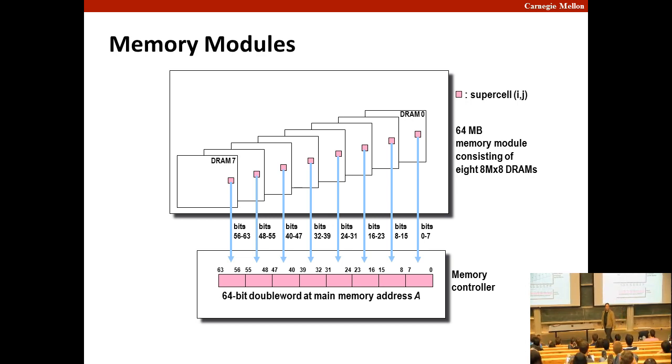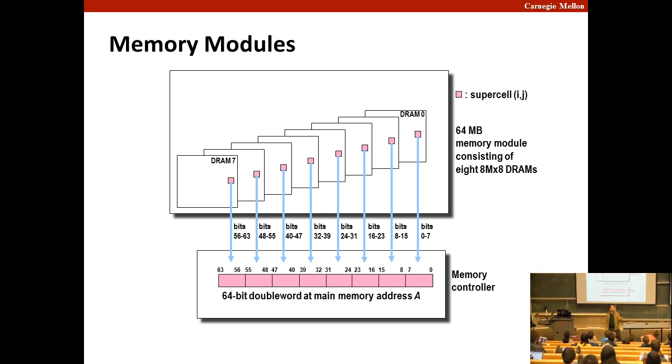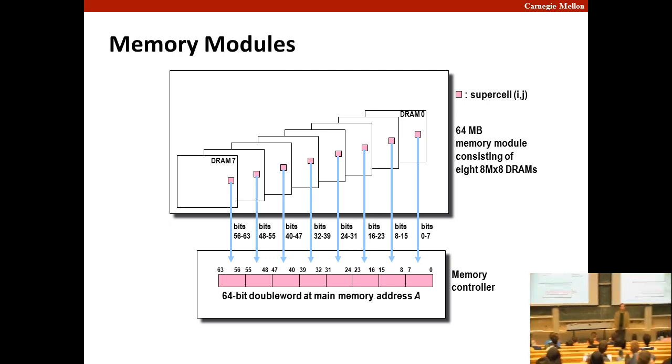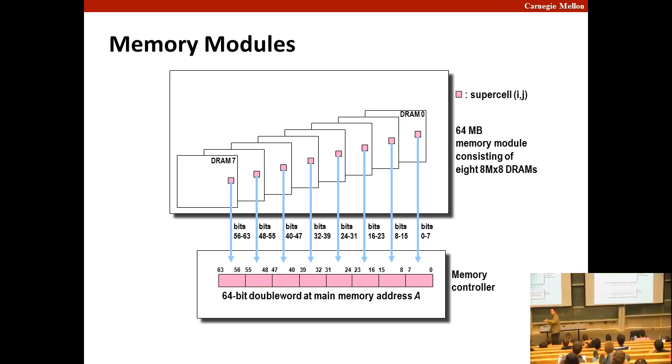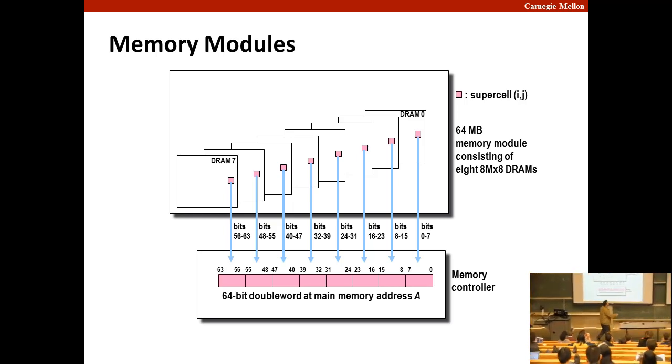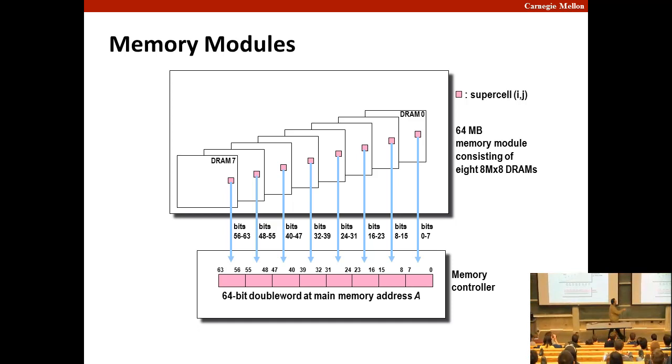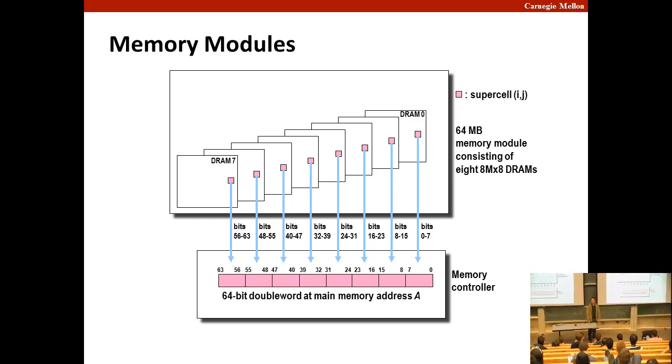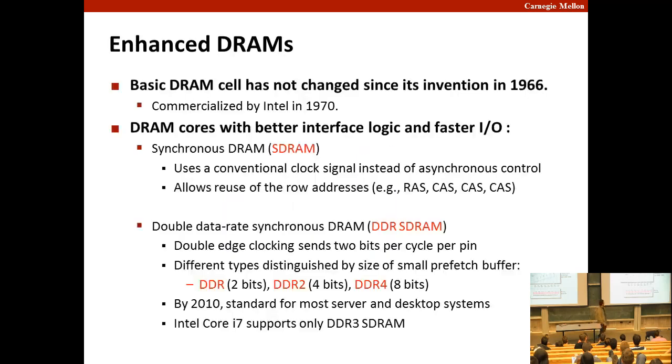It's important to notice that when we provide a particular address and say store this word, that 64-bit, 8-byte word is stored spread out across a whole bunch of DRAM modules, because that lets it happen in parallel. We don't have to write byte, byte, byte, 8 times. Instead, we write the 8 bytes in parallel to 8 different DRAM modules. Make sense? And the memory controller handles that for us.